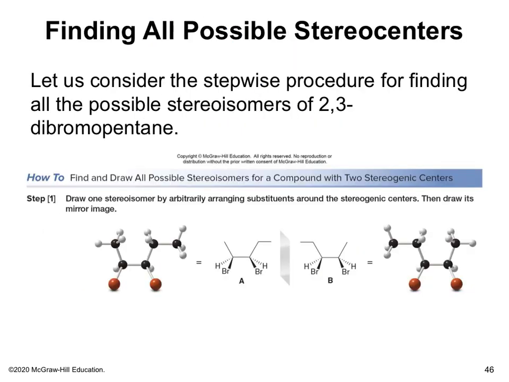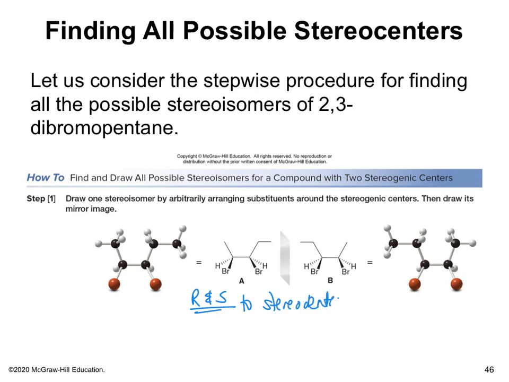So finding all possible stereocenters, here you have to look and see. This can get confusing. I do have a few things that I go by. One of the things I do is I assign R and S to the stereocenters.